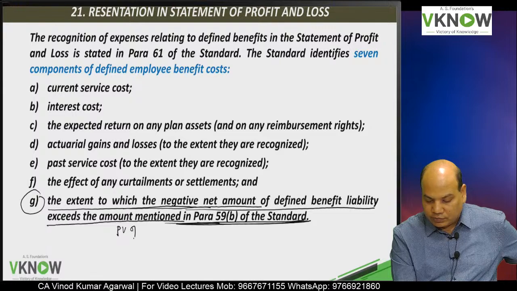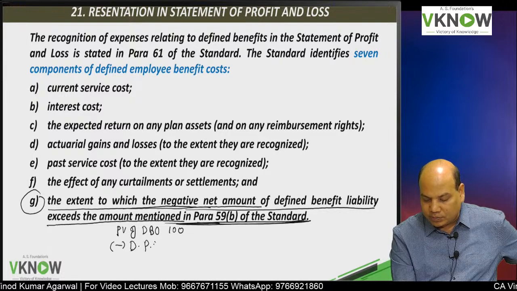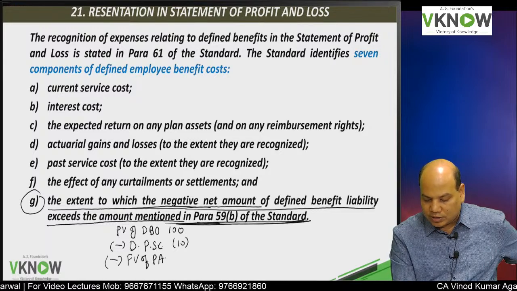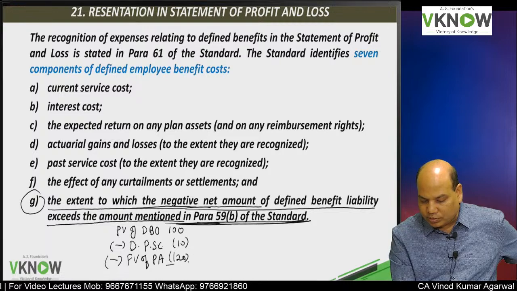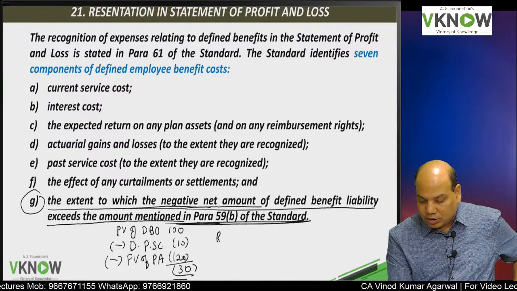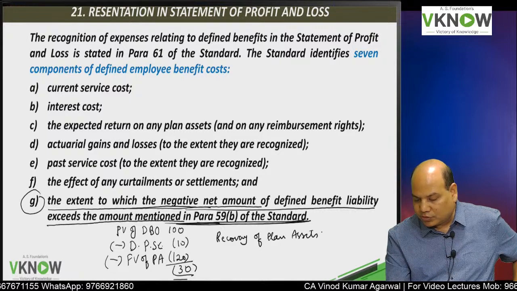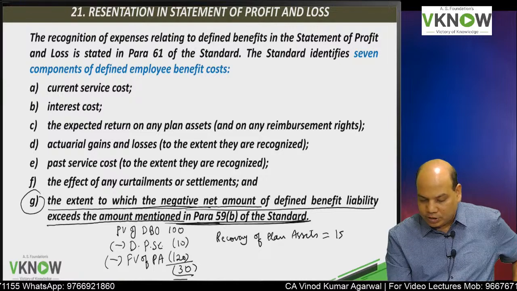Suppose your present value of defined benefit obligation is 100 minus deferred past service cost 10 minus fair value of plan asset is 120. So we are getting a negative 30, but the recovery of plan asset possible is only 15.